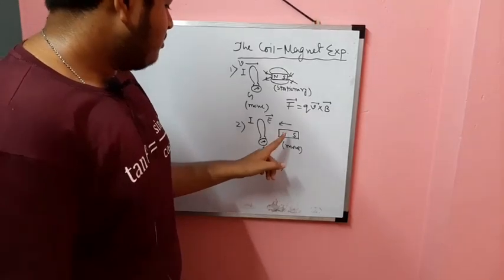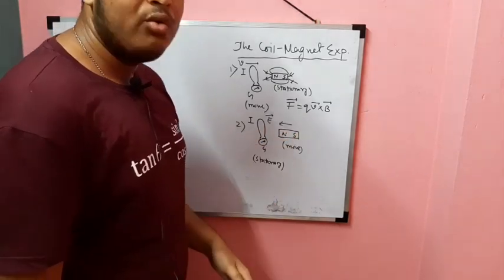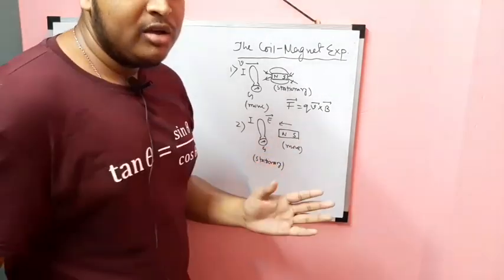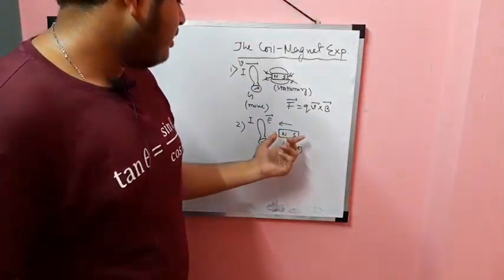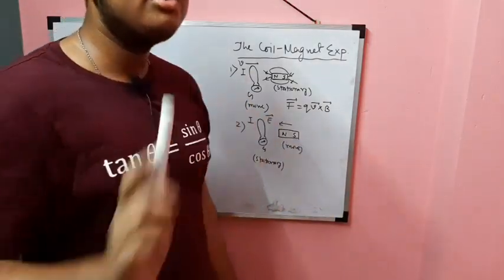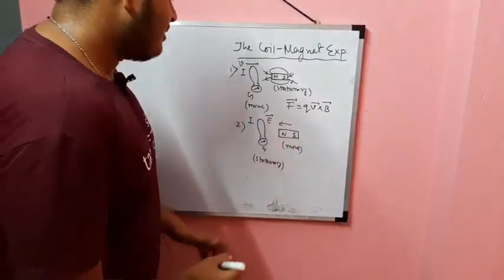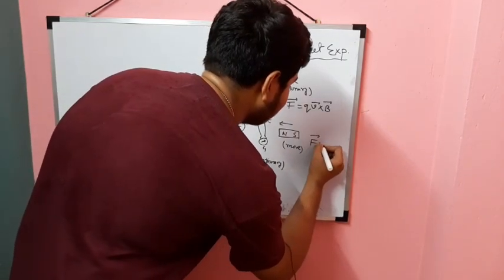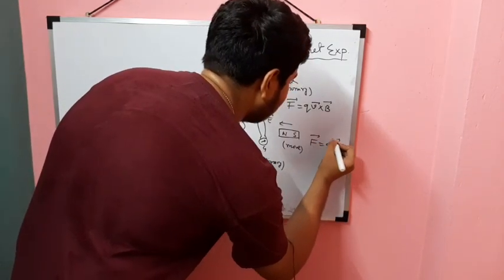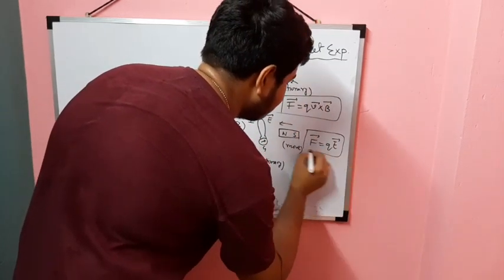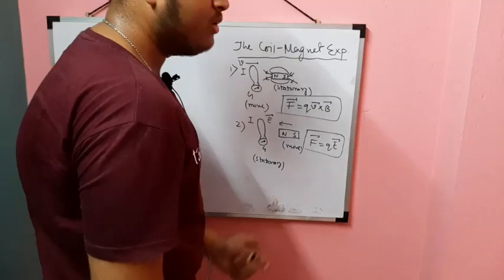So here we move the magnet, meaning the changing magnetic field creates an induced electric field. That means here the governing equation will be like this. So here is this and here is this. Is this equal?